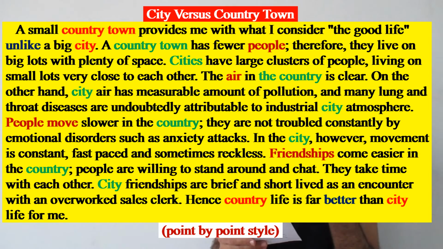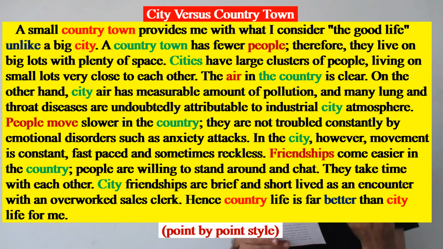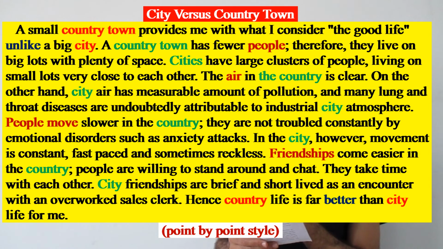He says that friendship in towns is easier and firmer, whereas in cities it is short-lived, complicated, and quick. He ends by saying, hence, country life is far better than city life for me. Here he also restates the topic sentence.